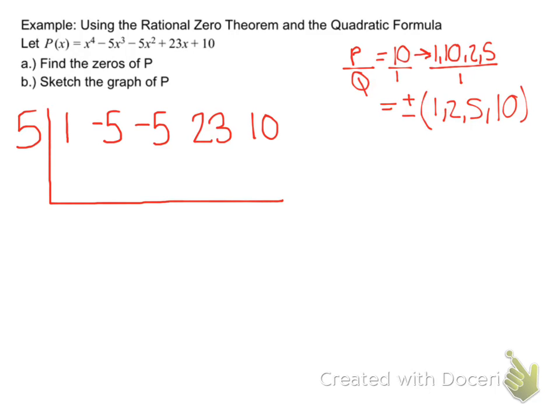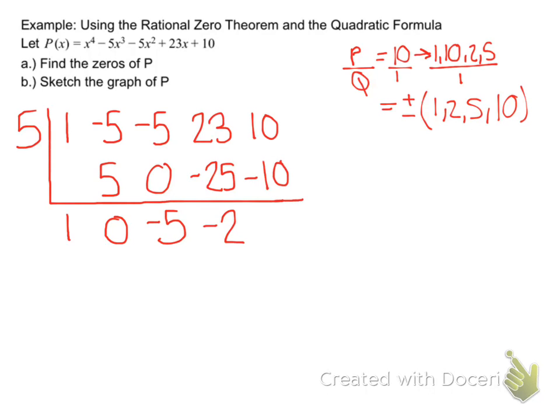No placeholders. Then you bring down the 1, and then 5 times 1 is 5. And then you have 0. 5 times 0 is 0. And then negative 5. And then negative 25. And then negative 2. And 5 times negative 2 is negative 10. And then 10 minus 10 is 0. So that's the remainder of 0.